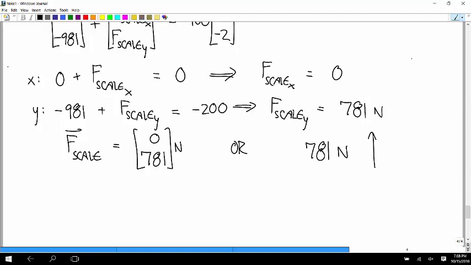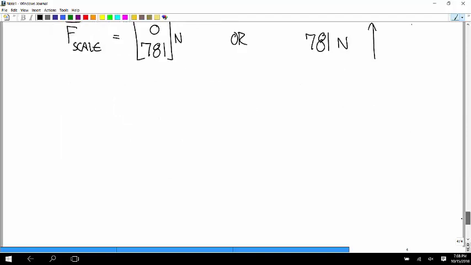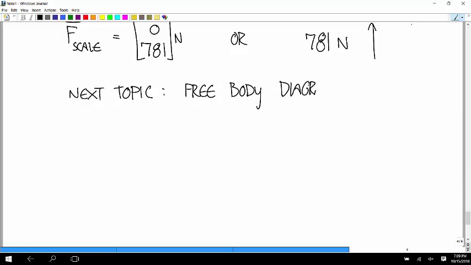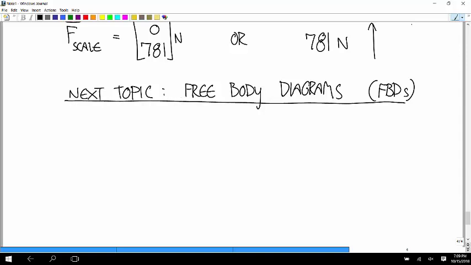Okay, the next thing we're going to talk about, let's not start this today, is free body diagrams. I'm going to abbreviate that FBDs.